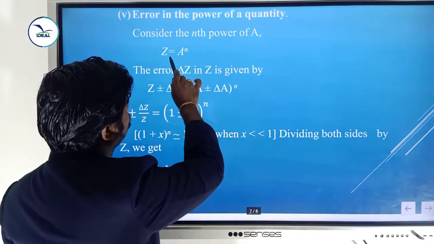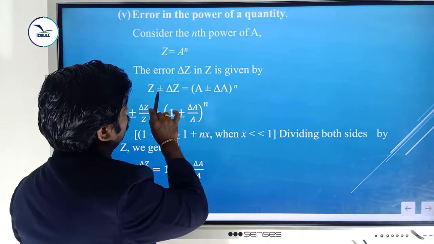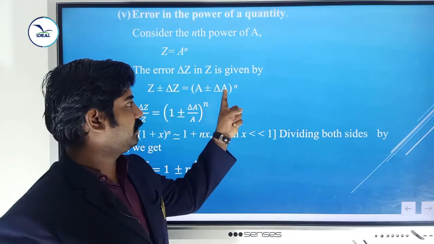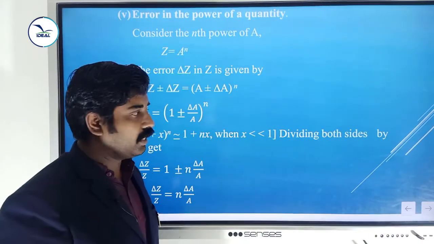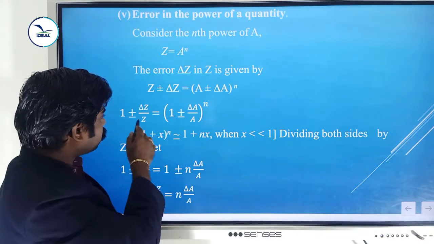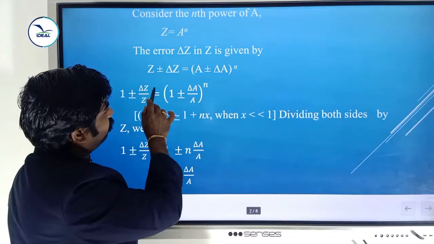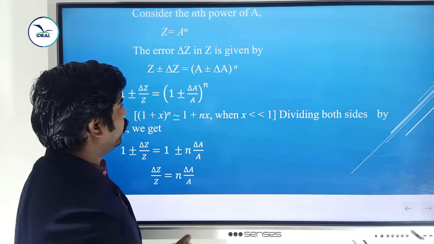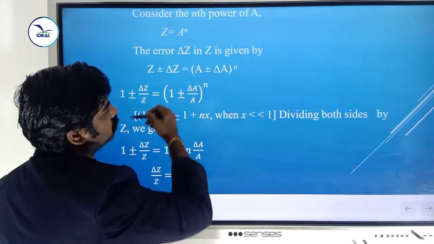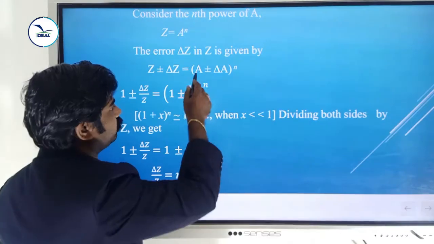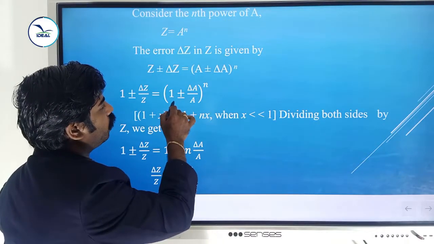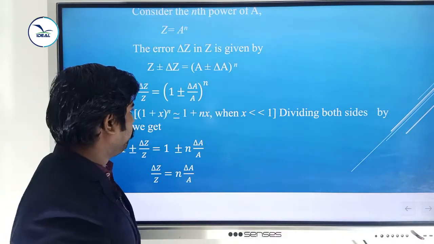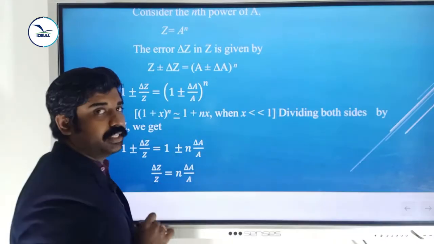So we can consider this as z plus or minus delta z is equal to a plus or minus delta a, all raised to n. We can divide this equation by z equal to a raised to n. Or we can take a raised to n outside first. Then it becomes a raised to n into 1 plus or minus delta a by a, all raised to n. Now we are dividing that equation by z.